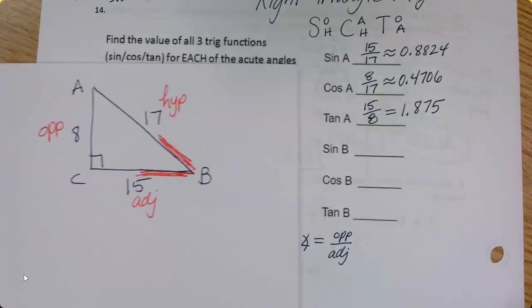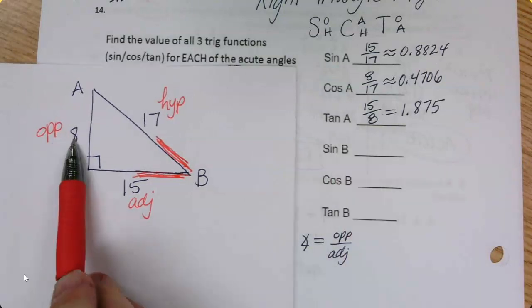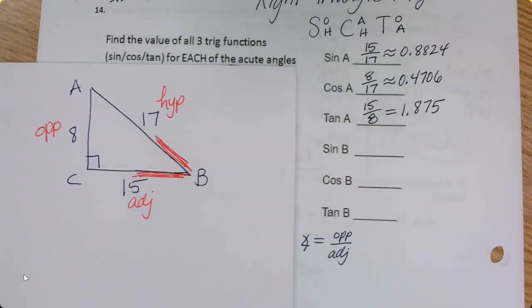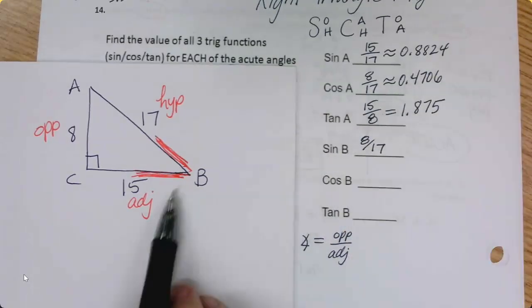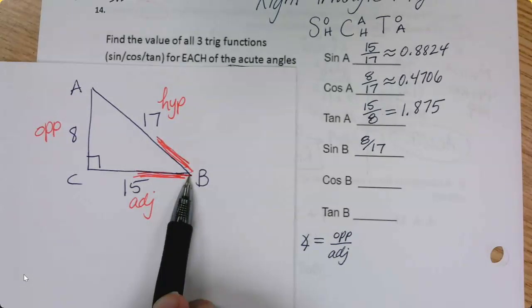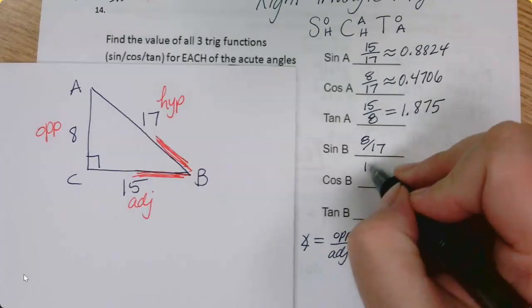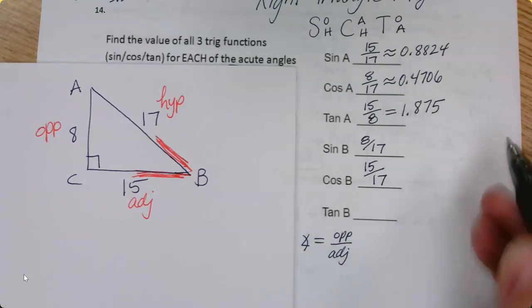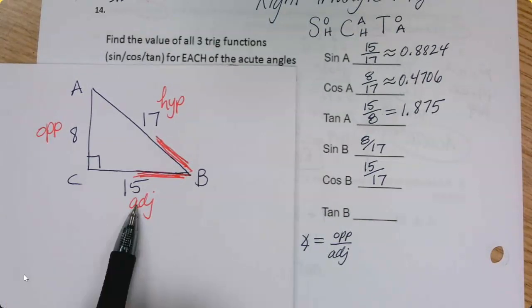Okay, so for sine of B, sine is opposite over hypotenuse, 8 over 17. Cosine of B, cosine is adjacent over hypotenuse. That's 15 over 17. And tan of B, tan is opposite over adjacent, so 8 over 15.